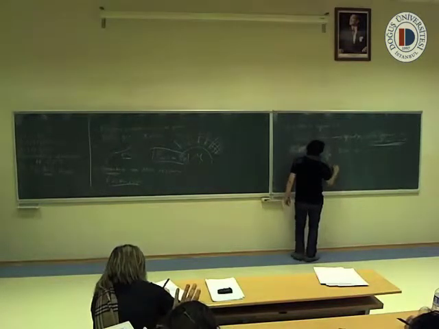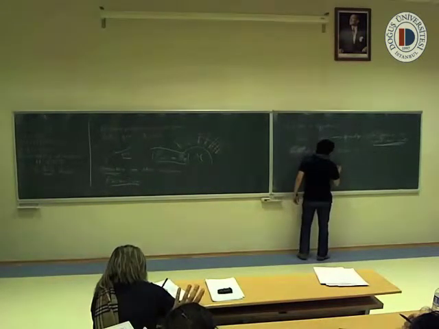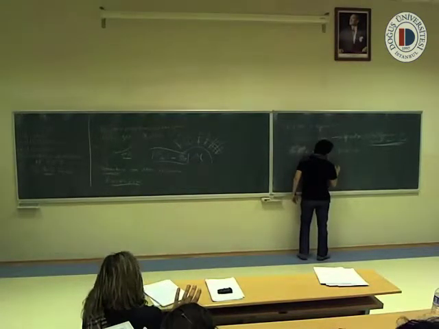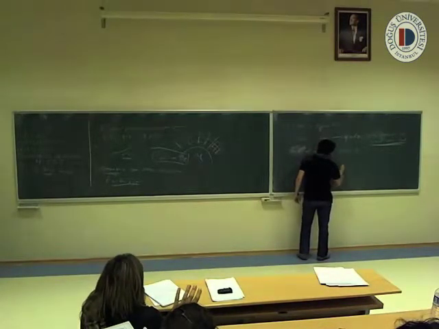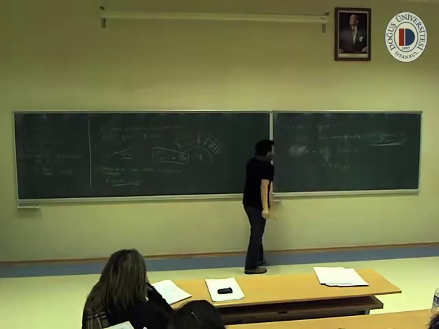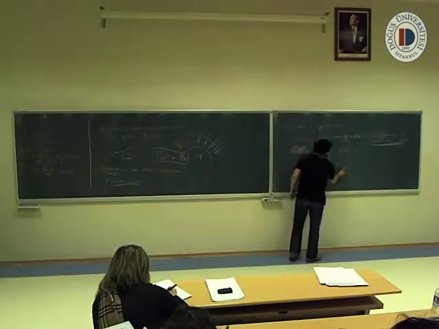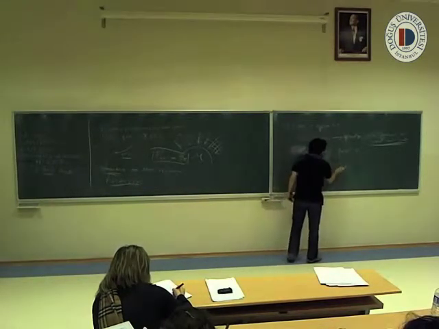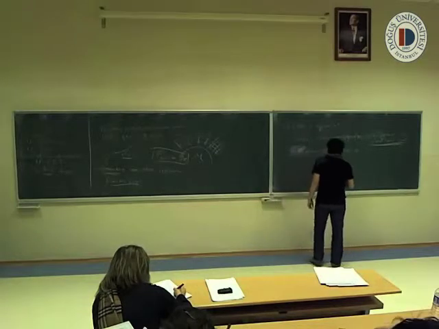Mass is the same thing as energy or momentum, so there's no distinction between them. Energy is the same thing as mass. When there is no momentum, if the particle is not moving, energy is just E equals mc squared.